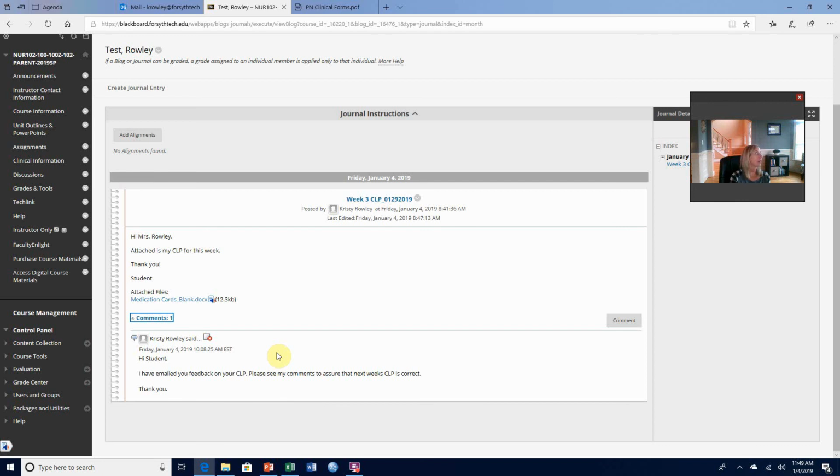If they have a lot of issues and it's too much to say in a comment, then you would need to open up their attachment, save it to your computer, and then mark it up. When you mark it up, you can make those comments in there.